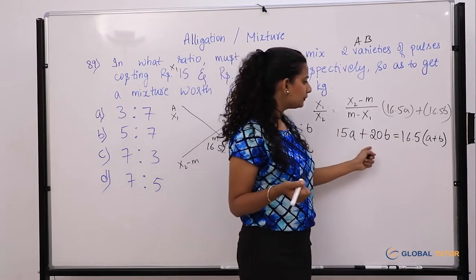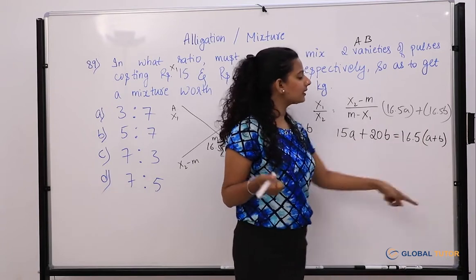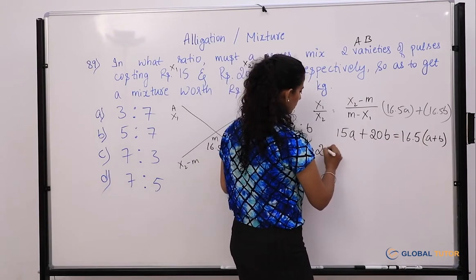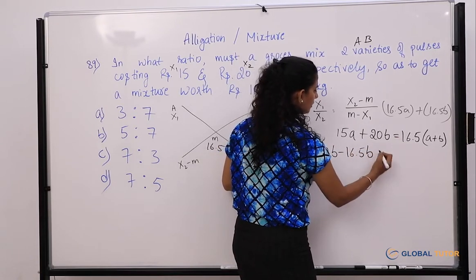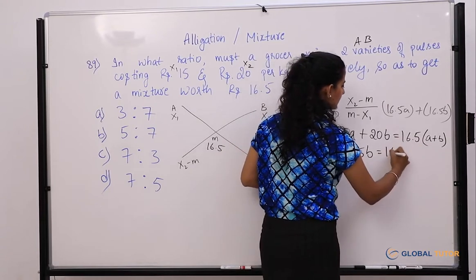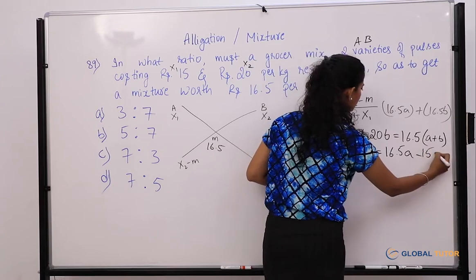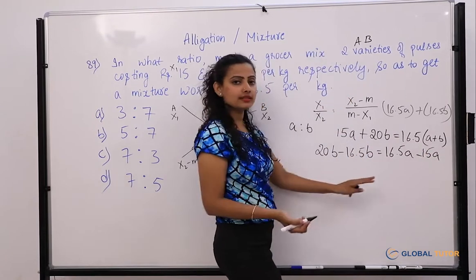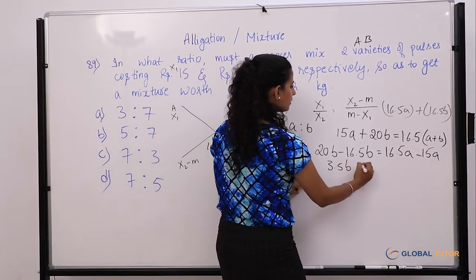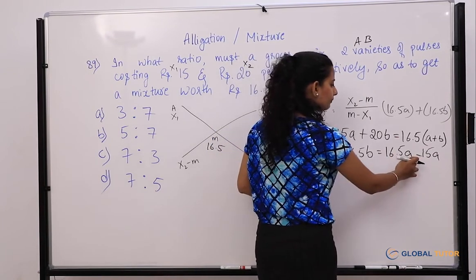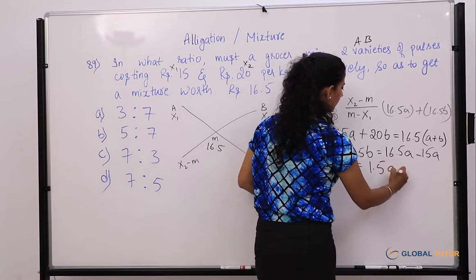So, now let us shift B this side and A this side. So, let us shift 16.5B this side and 15A that side. So, this will become 20B minus 16.5B is equal to 16.5A minus 15A. So, 20B minus 16.5B will become 3.5B is equal to 16.5A minus 15A will become 1.5A.